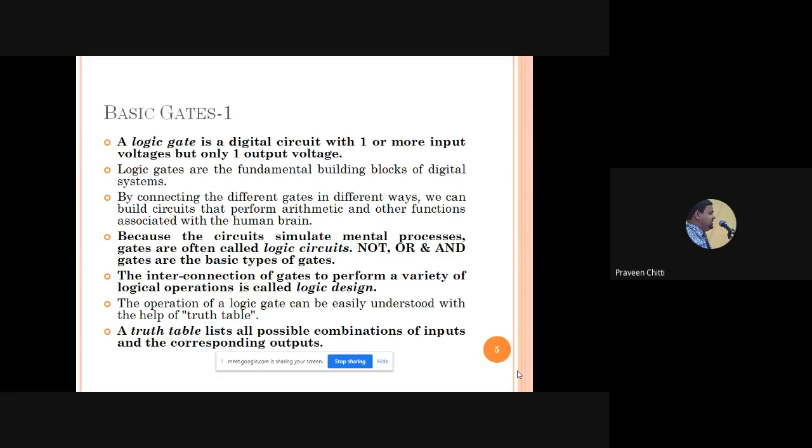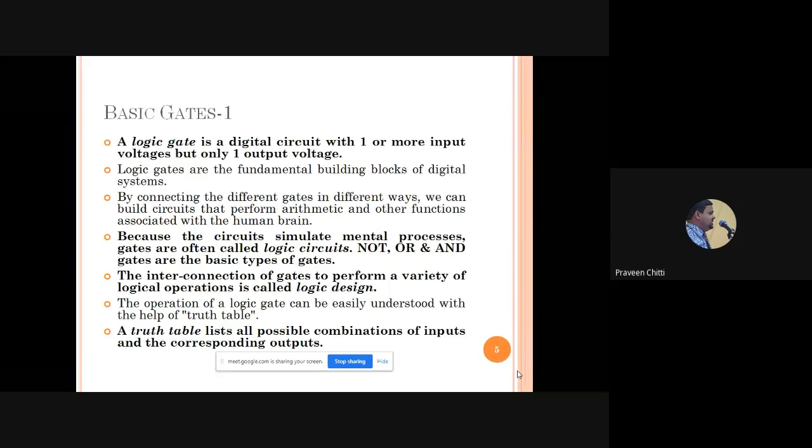Every input should have certain voltage, and only 2 levels of voltages we are using. The output depends upon the combinations of the input given to that particular circuit. Such a digital circuit is called a logic gate. I hope the definition of logic gate is clear.